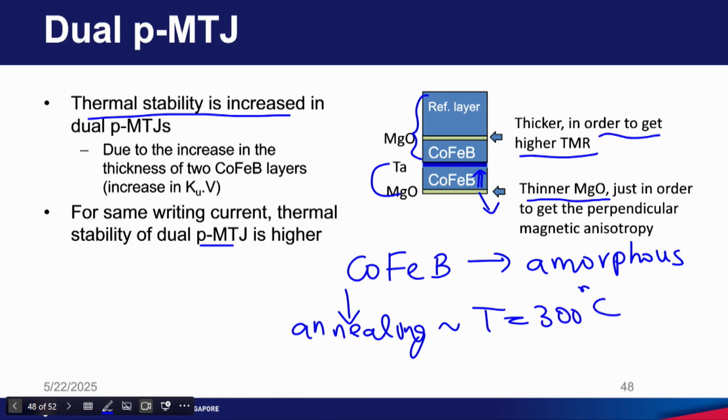During this annealing, this boron will go somewhere to the tantalum layer or some other layer. So boron will diffuse, and you will have a crystalline cobalt iron layer. The final result is the cobalt iron crystal. Boron will diffuse.